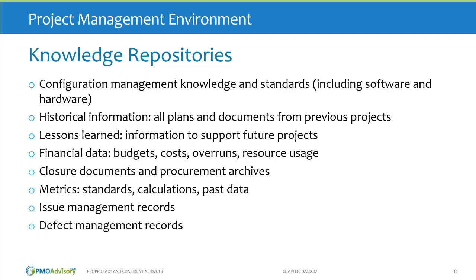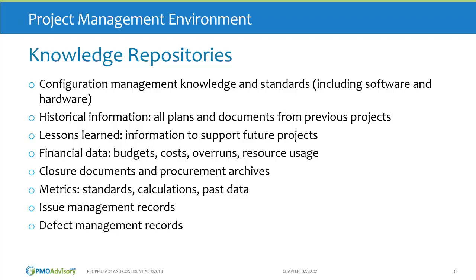Organizational process assets also include knowledge repositories, whereas the policies and procedures might be either a positive or negative influence on the project, knowledge repositories are usually all positive, and that is because knowledge is power.